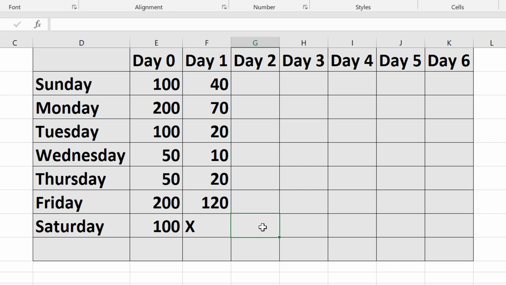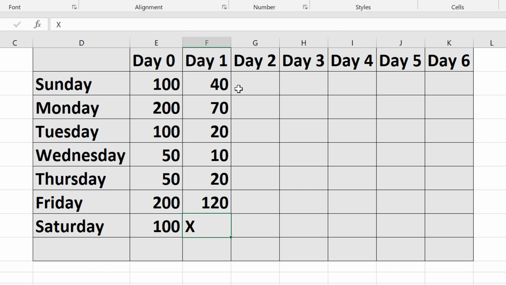So I am putting an X over here because it is Sunday of the next week. I am only going to consider the data pertaining to this particular week, and only the people who were acquired on day 0 of these respective days.